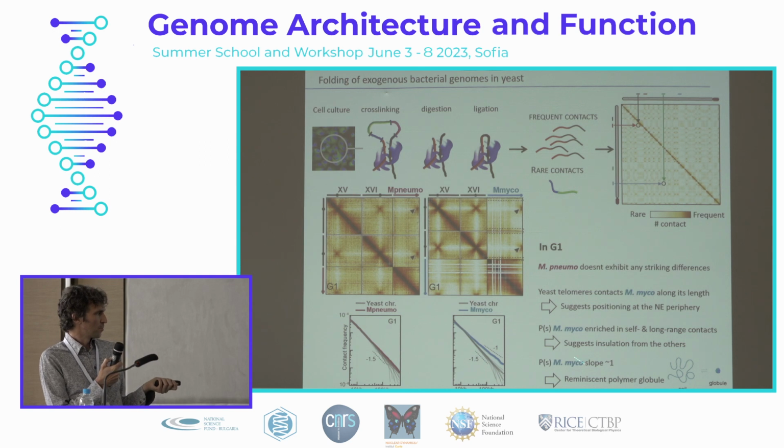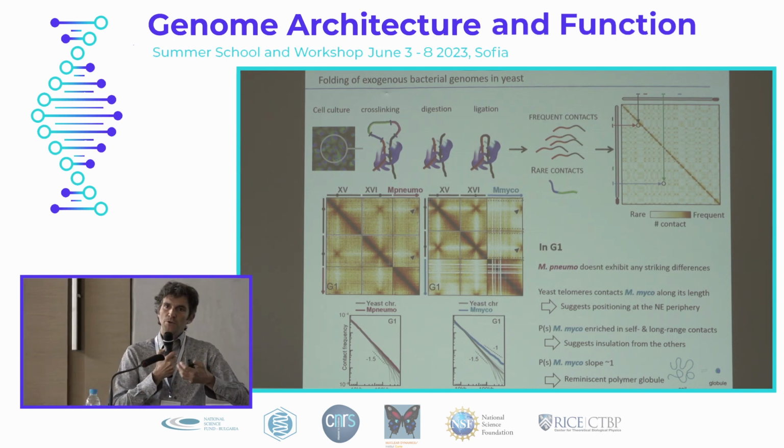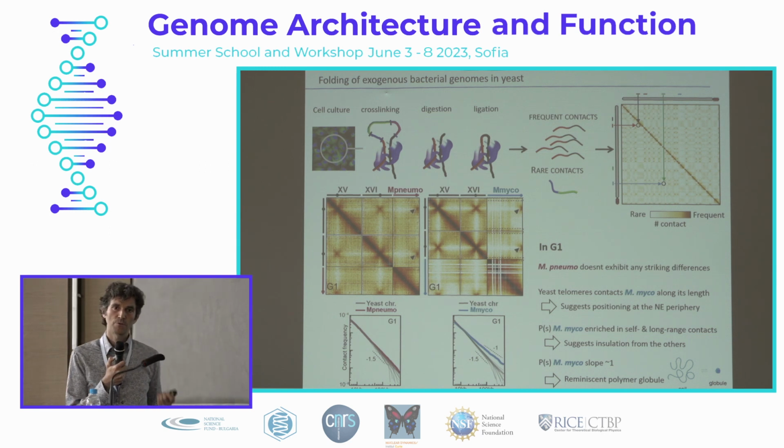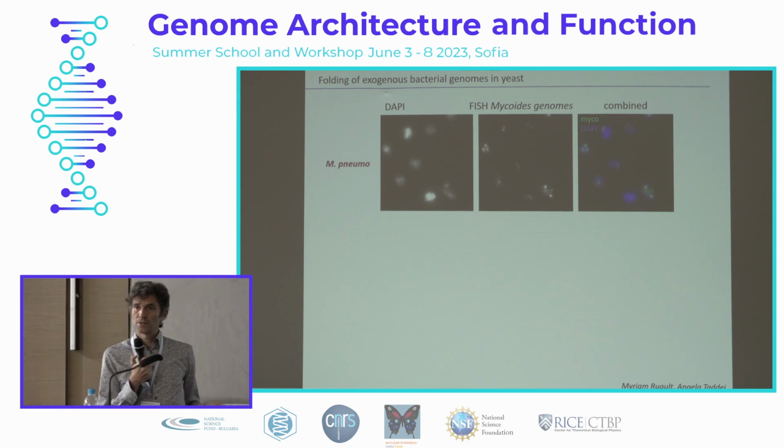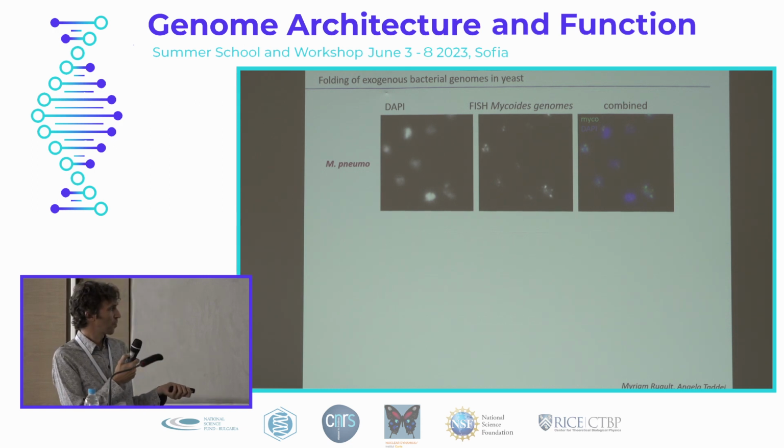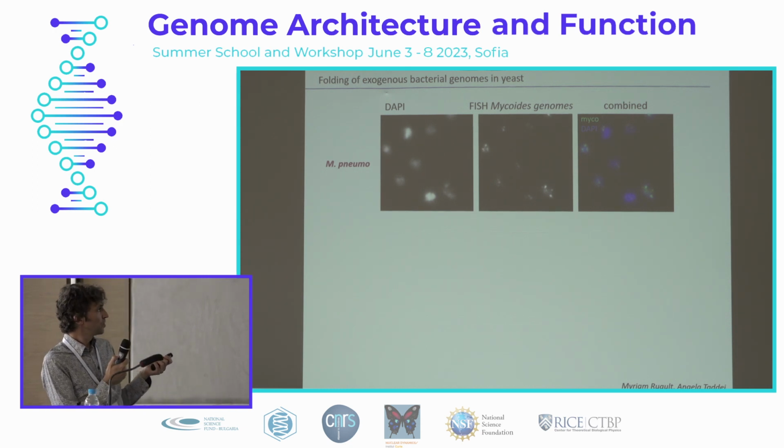And so the slope also suggests that this chromosome could be in a more globular organization than the rest of the chromosomes. We tested that with the help of Angela Taddei and Myriam Ruault at Institut Curie, who did FISH.